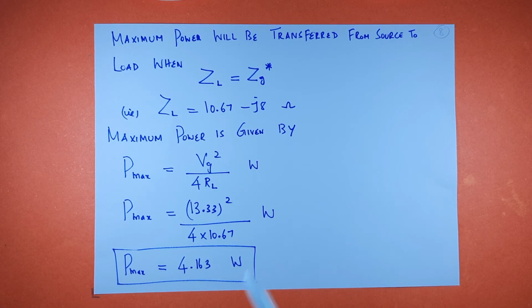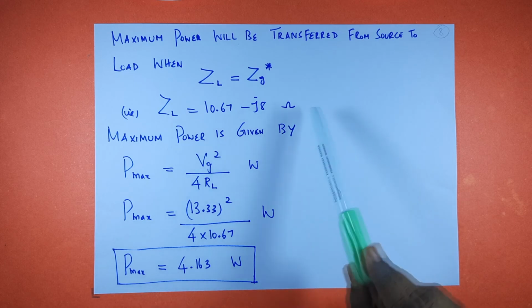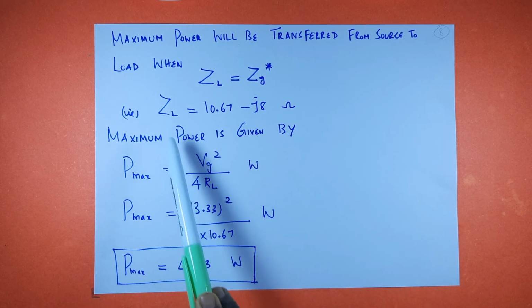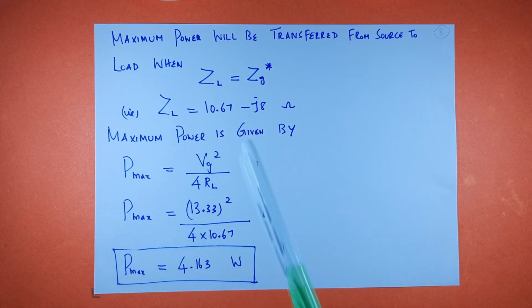So complex conjugate means what? You have to change the sign of the imaginary term, that is the j term. Hence ZL equal to 10.67 minus j8 ohm. So this is the load impedance. When your load impedance is this, then maximum power will be transferred from source to load.